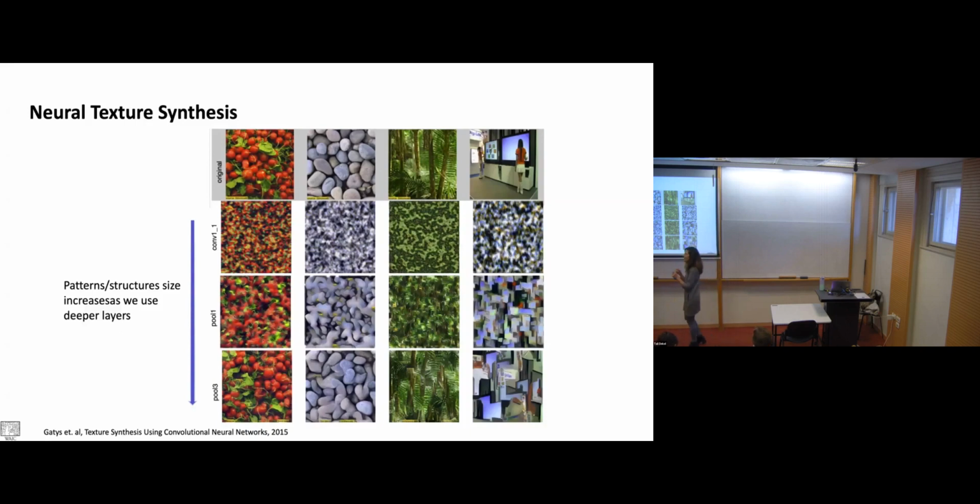These are mostly color patterns, and we don't actually see the more large-scale patterns that exist in the original image in the output image that we optimized for. And as we go deeper and deeper into the neural network, these patterns emerge.